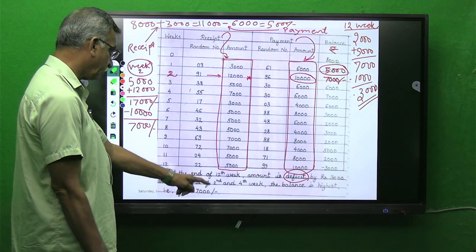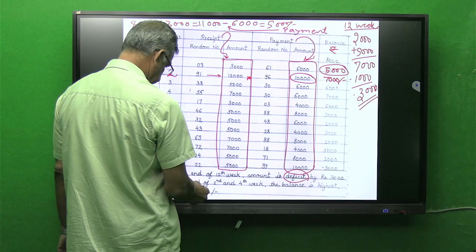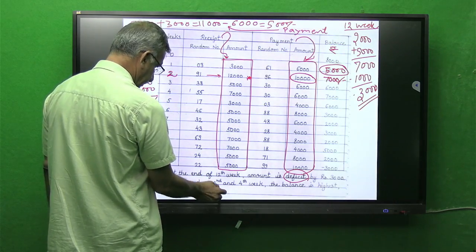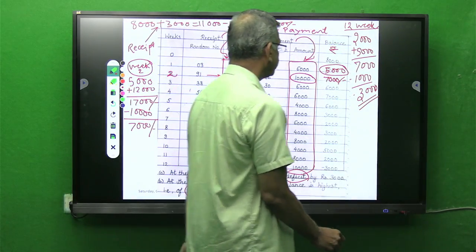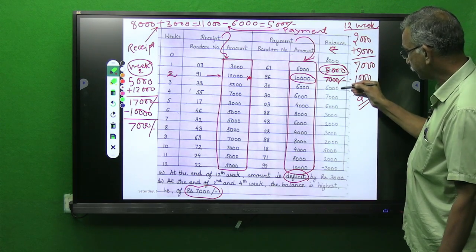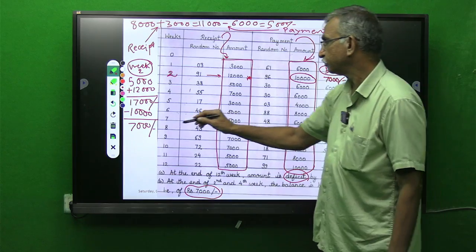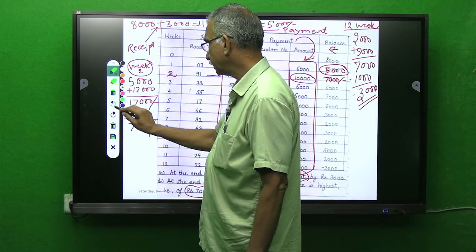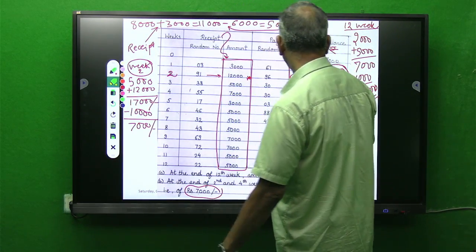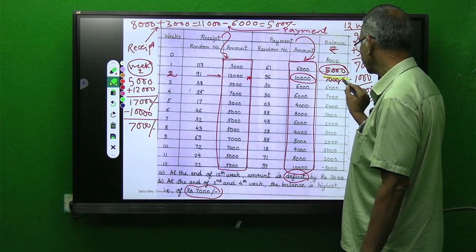Now at the end of second and fourth week, the balance is highest, that is of rupees 7,000. So see the balance sheet. In this balance sheet, highlight the highest value. Here 5,000, second is 7,000.